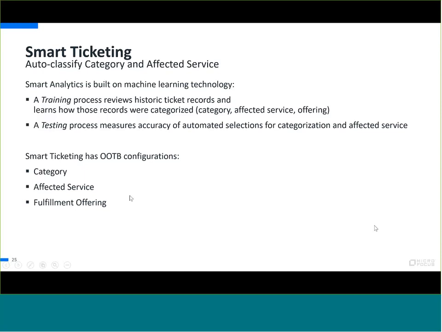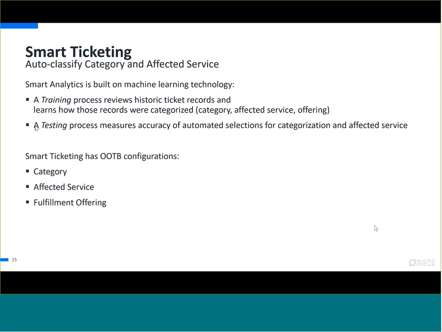And this is based on activities that first involve the training process, looking at historic tickets to learn how we will be assigning these values, and then a testing process that measures accuracy. And that's something that you control, you run the test, and you can determine when enough training has taken place to turn on that automatic classification and smart ticketing in your system.